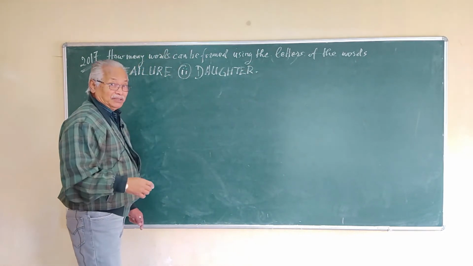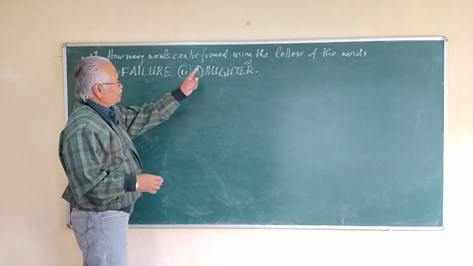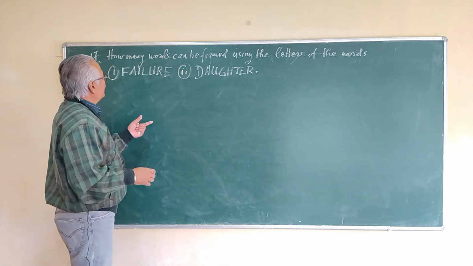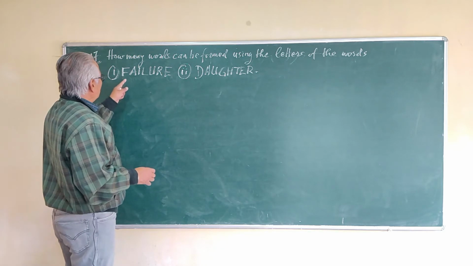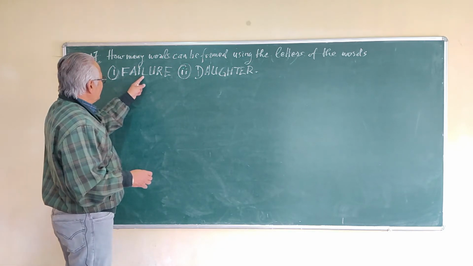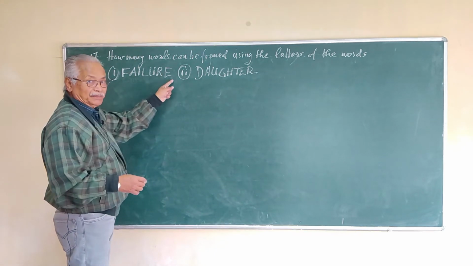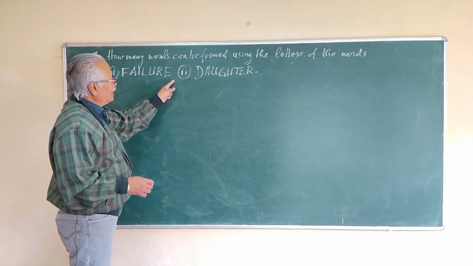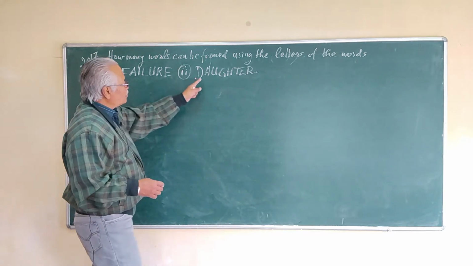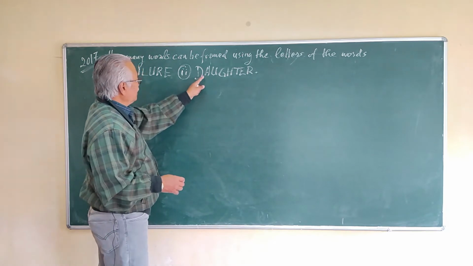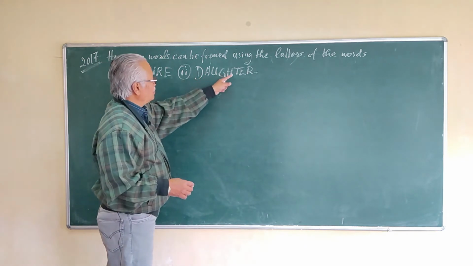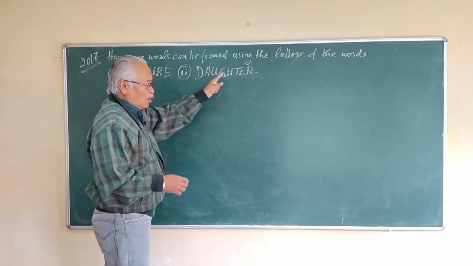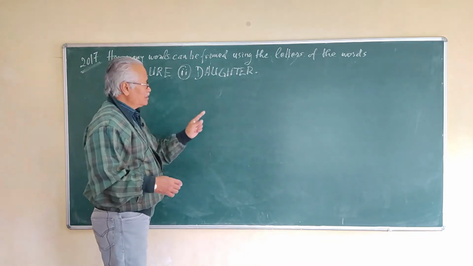But there is a condition. If it is a straightaway question like this, then what will you do? You say that all the letters are different from one another. And here also there is no repetition. D-A-U-G-H-T-E-R, all are distinct alphabets.